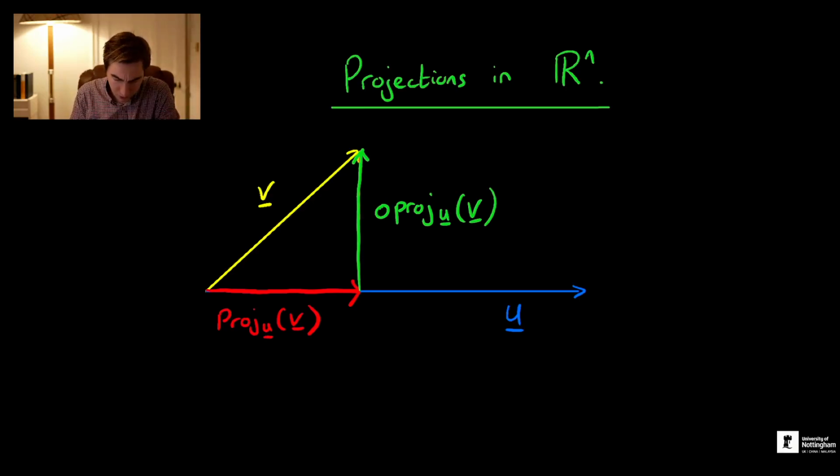So how in R2 would you figure out what this projection is? Well, we can just use some simple trigonometry. So let's call this thing theta here, which is the angle between v and u.